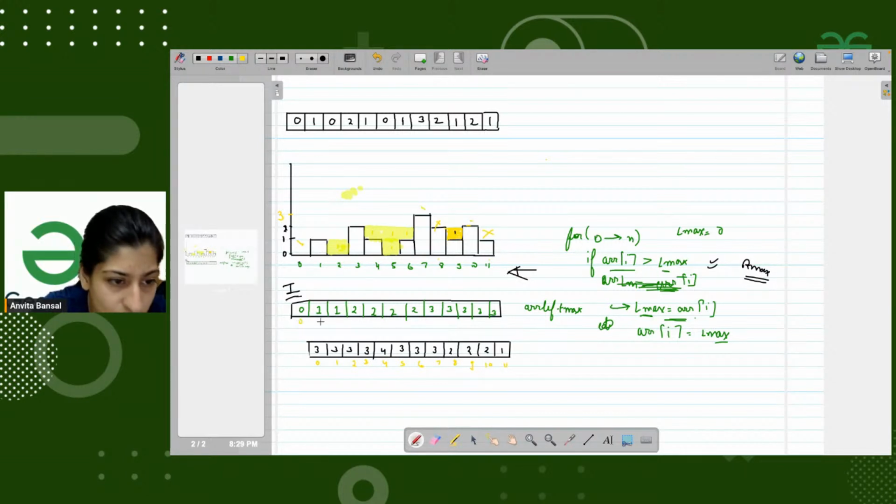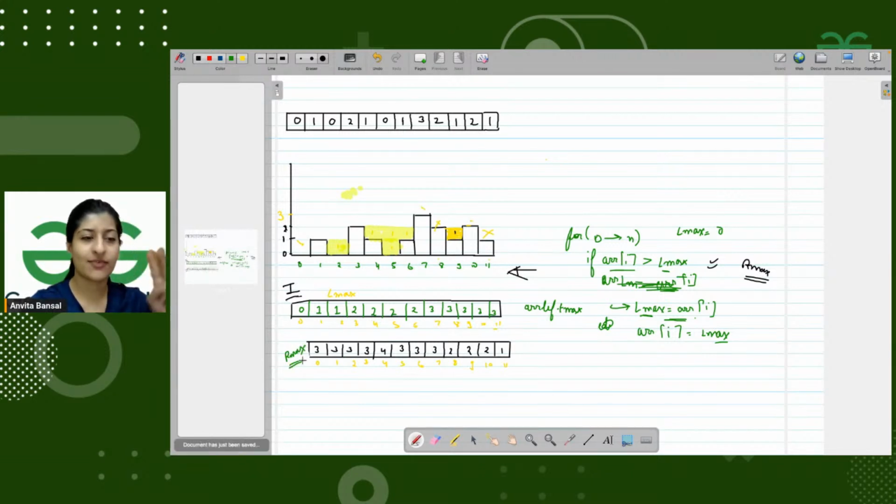Same for 0, 1, 2, 3, 4, 5, 6, 7, 8, 9, 10, 11. Now for every index, I have L max. This is your L max. And the other one is your R max.